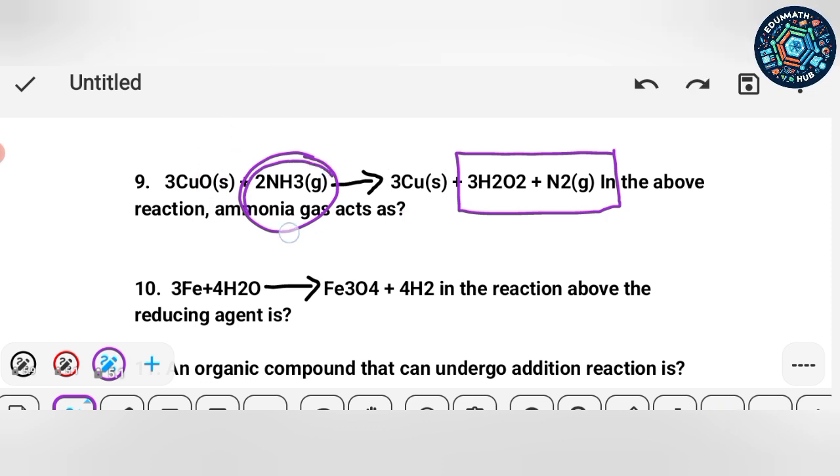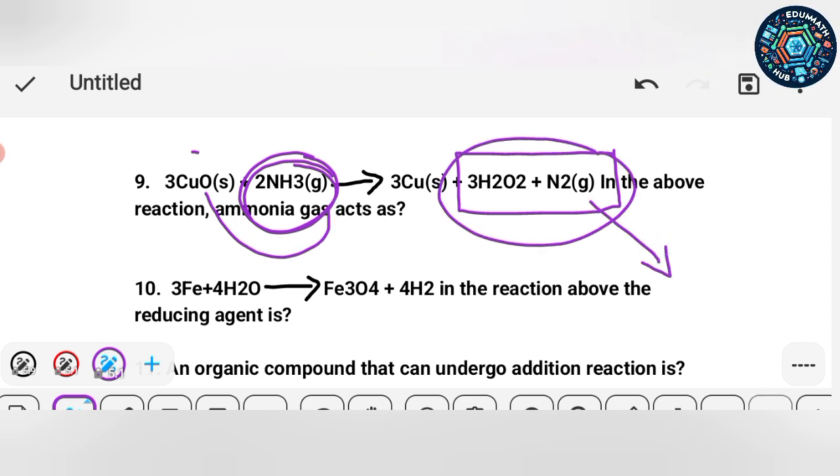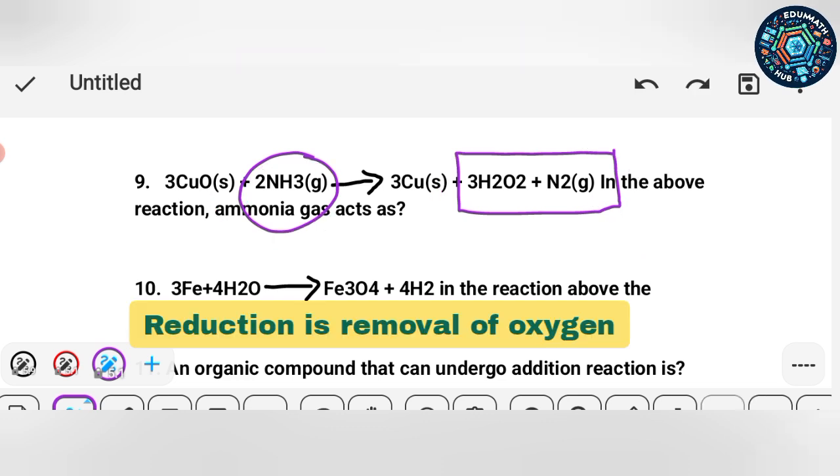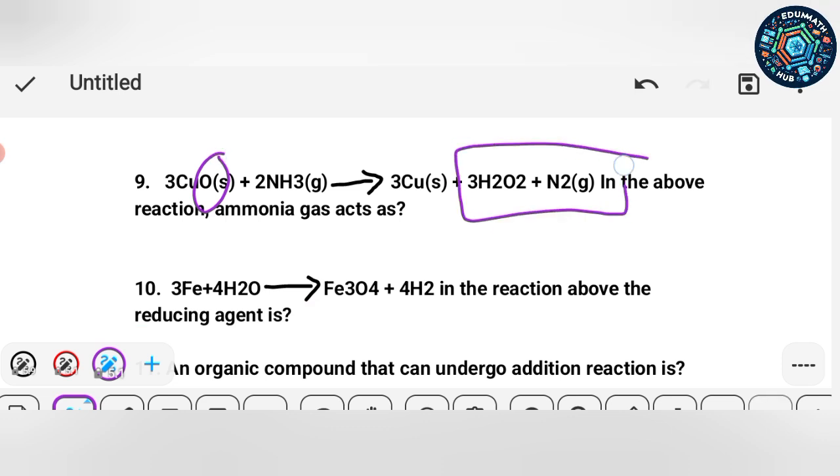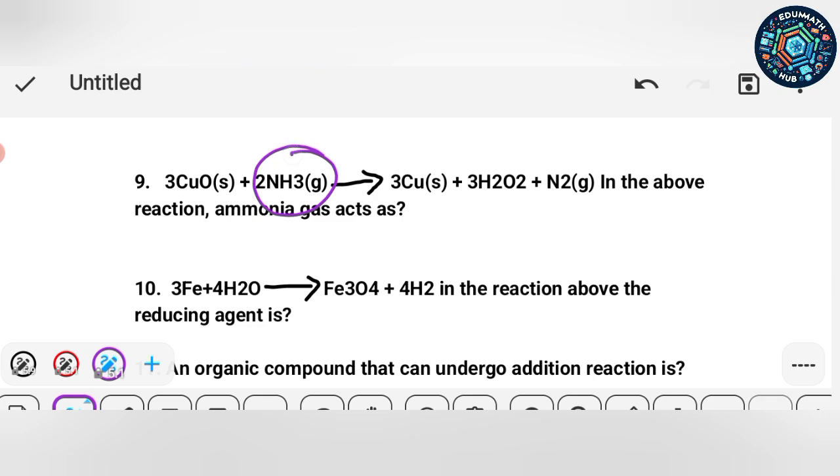So ammonia removed the oxygen that was in copper and turned the copper 2 oxide to ordinary copper, while the ammonia took the oxygen to itself and became this here. So that means ammonia is acting as a reducing agent because it is removing the oxygen from copper 2 oxide. It removed the oxygen here and put it on itself. So the answer is ammonia is a reducing agent.